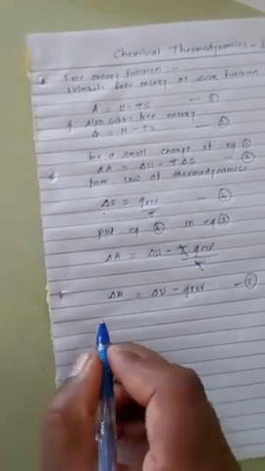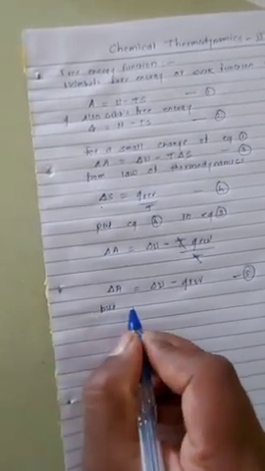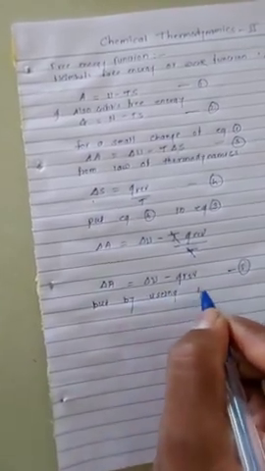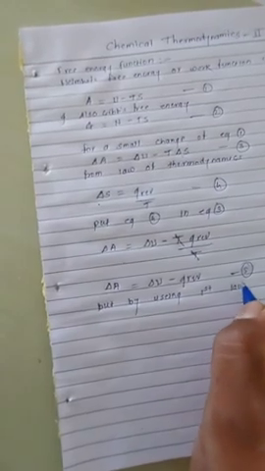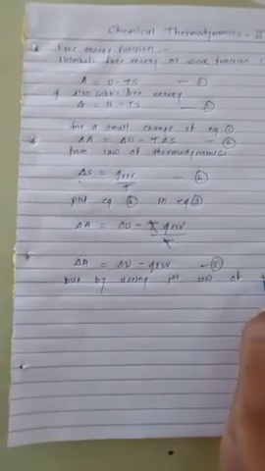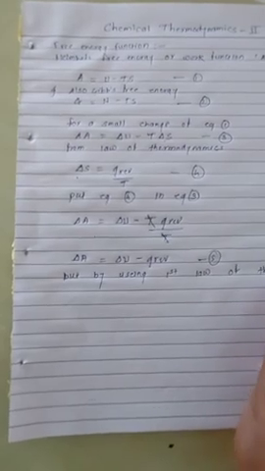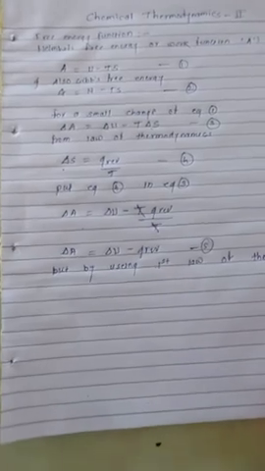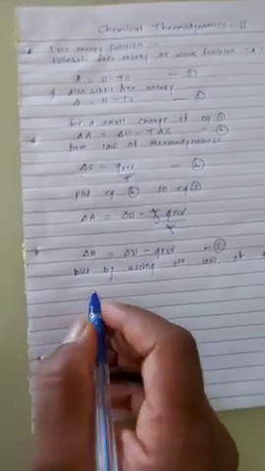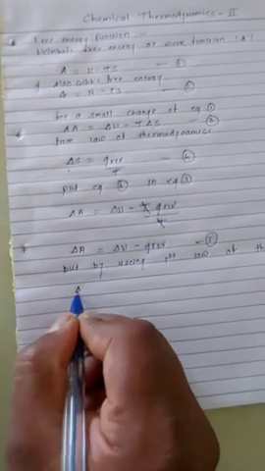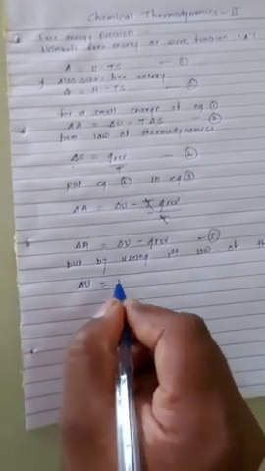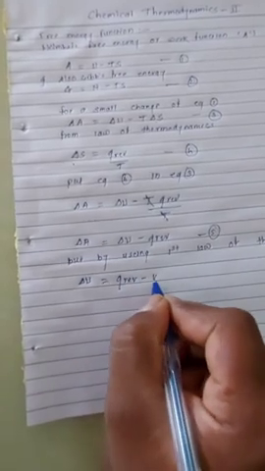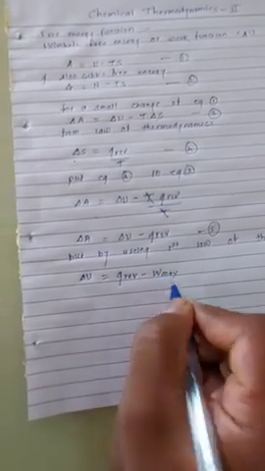But by using the first law of thermodynamics, delta U is also equal to Q reversible minus W max.